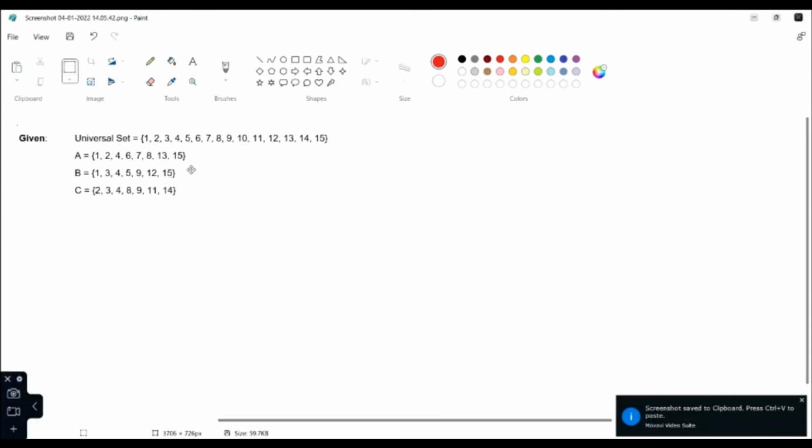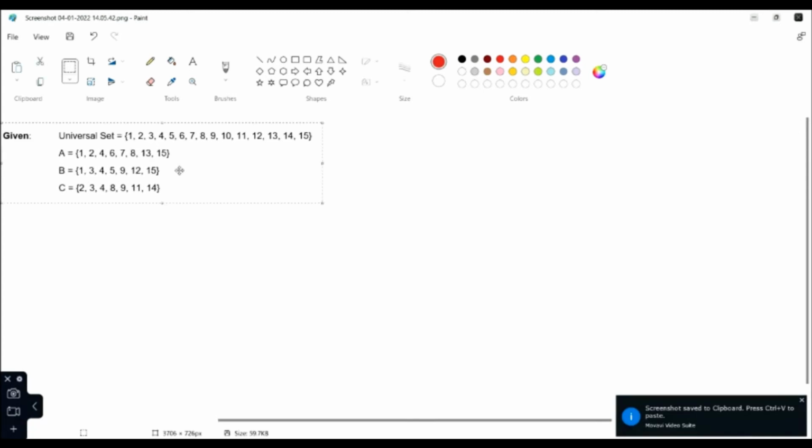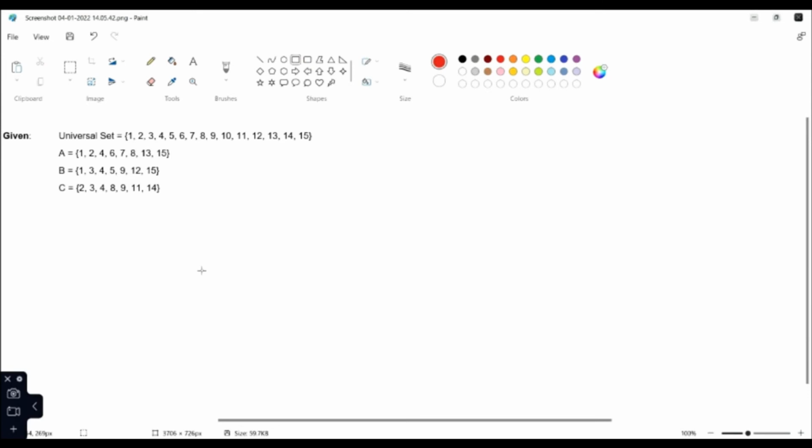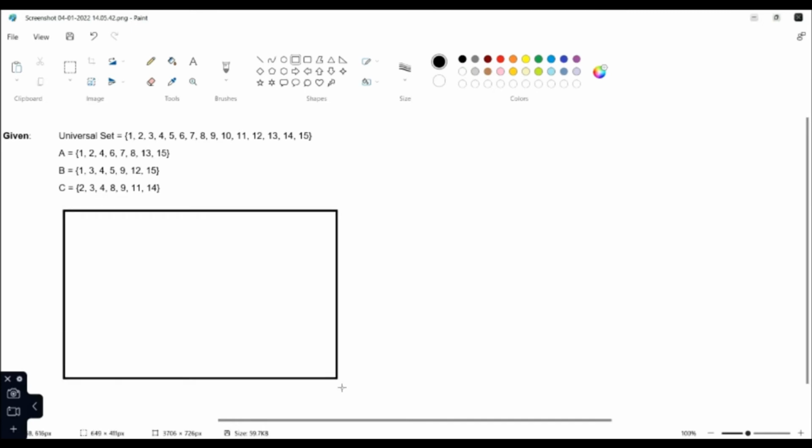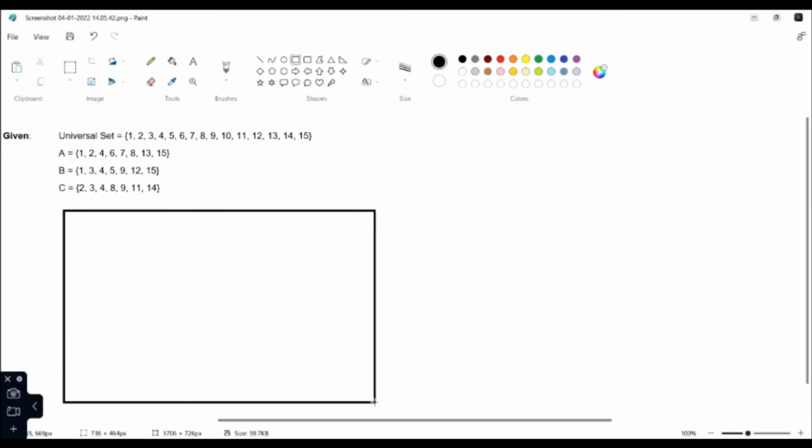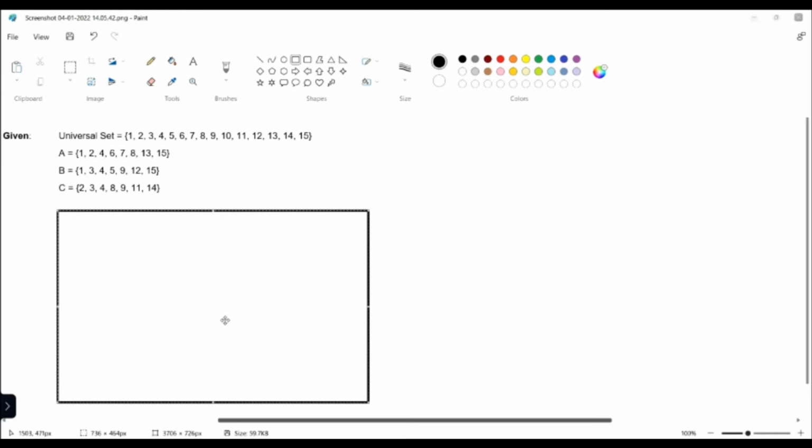Here is the given information. So we need to draw our Venn diagram. Let's start with our universal set. So all the numbers under consideration are inside this set, the universal set.